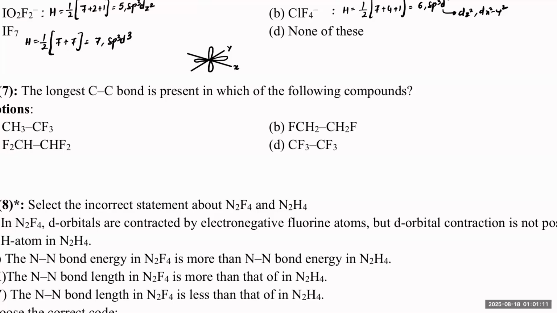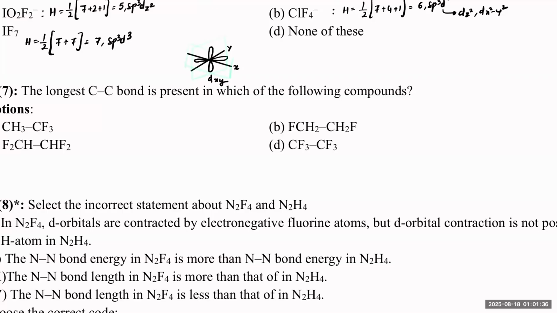Then the z axis is coming out of the plane. What is this orbital? This is the dxy orbital. So the z-axis will be like this, coming out of the plane this way.